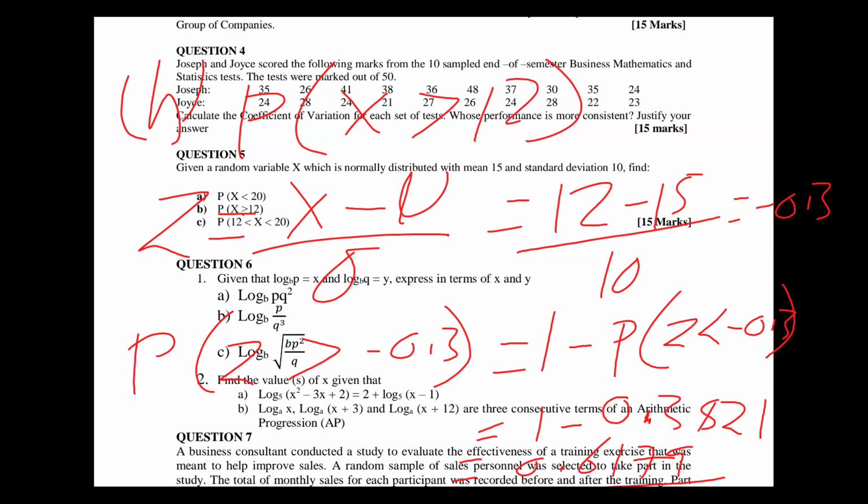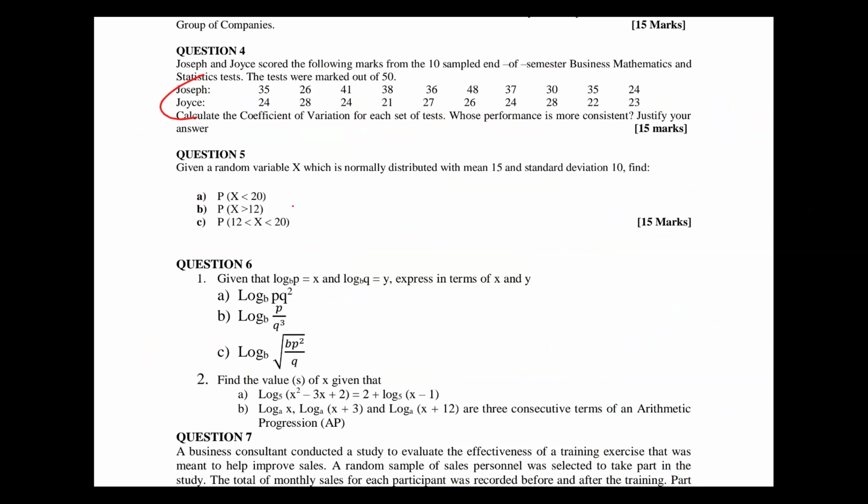So therefore, the answer is 0.6179, because it is a probability. So 0.6179 is for B.